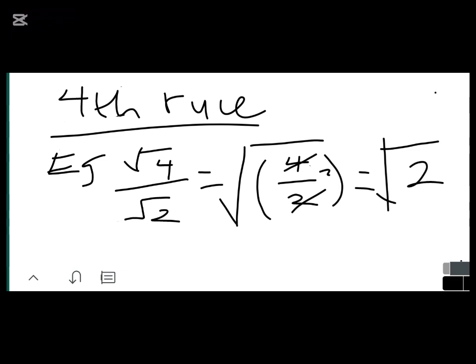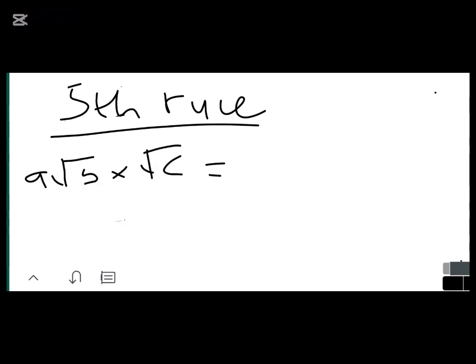Let's take the fifth rule. When you have a square root of b multiplying square root of c, this can be written as a square root of b multiplying c.